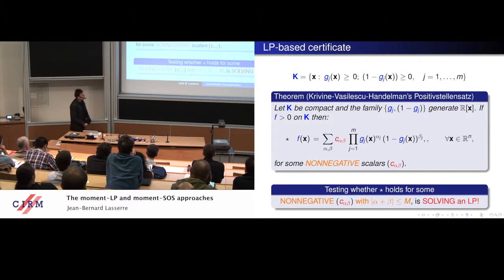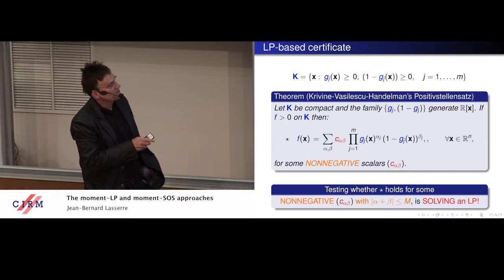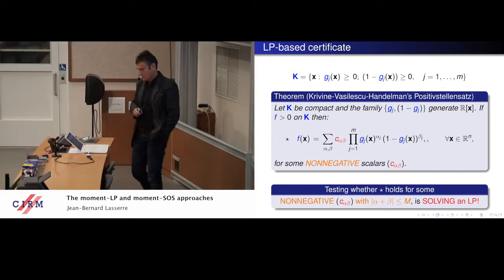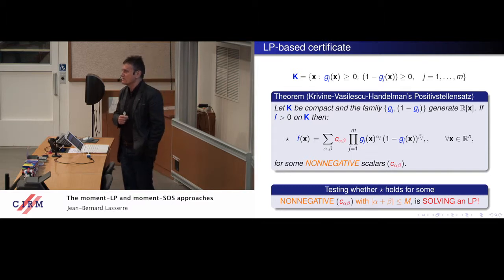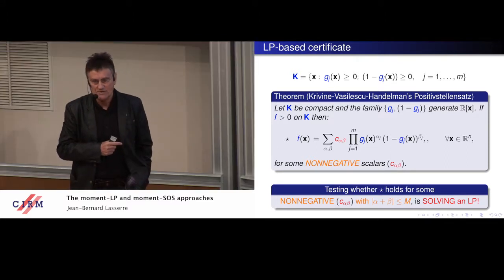And again, if now I give you a polynomial f and you want to test if f can be written this way, now you have to put a bound on the alpha and beta exponents. But if you put an a priori bound, testing whether this condition holds is now solving an LP. So a priori, you would prefer such a representation to the SDP one, because it is known that you can solve very, very large LPs, whereas so far the state of the art for SDP is not that nice compared to LP.